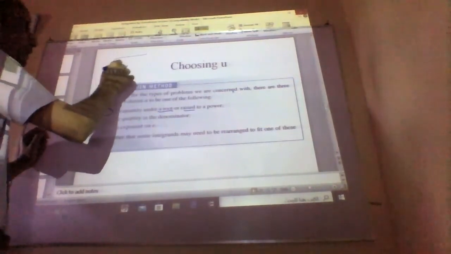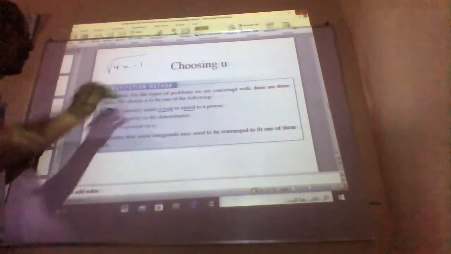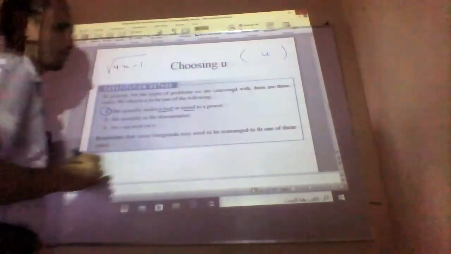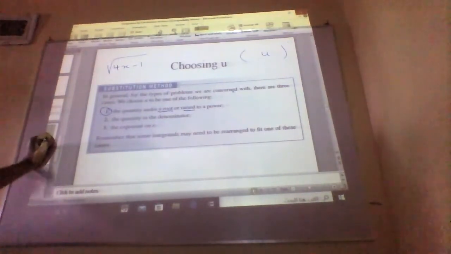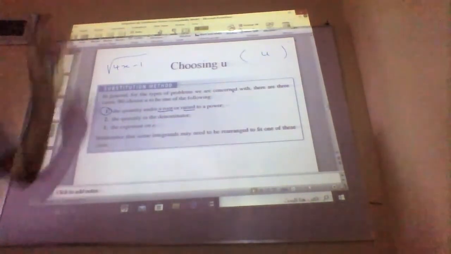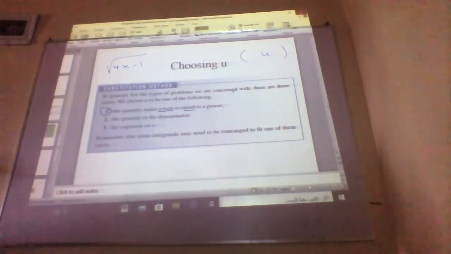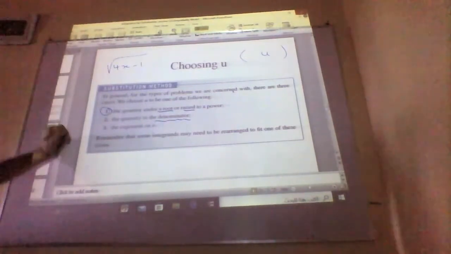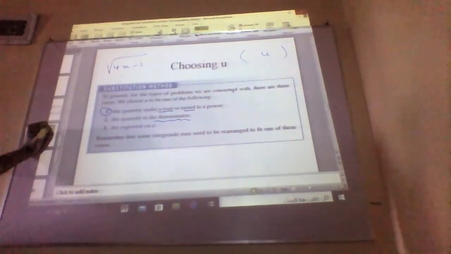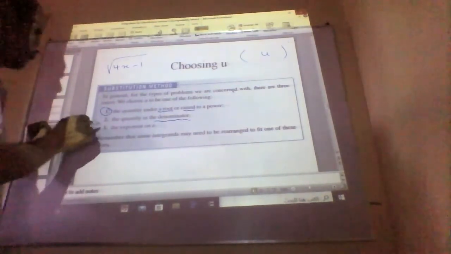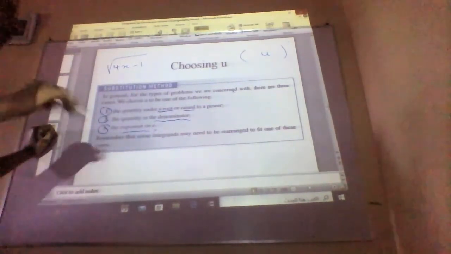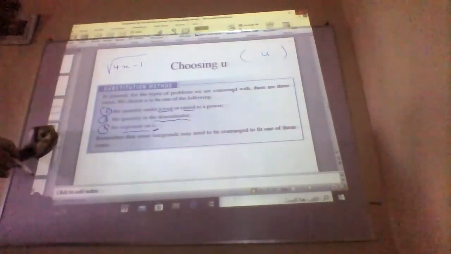We took 4x minus 1 under the square root, and we took another function, another u, raised to some powers. So u is the quantity under the root or the quantity raised to a power. The second case is the quantity in the denominator, and we will solve problems on it in the next sessions, inshallah. The third case is the exponent on e, and we will see that in the next session, inshallah.